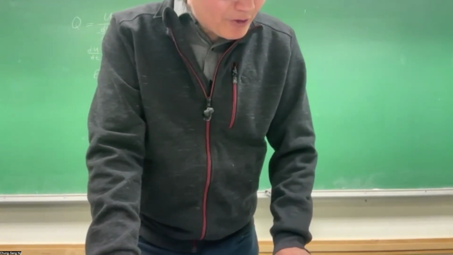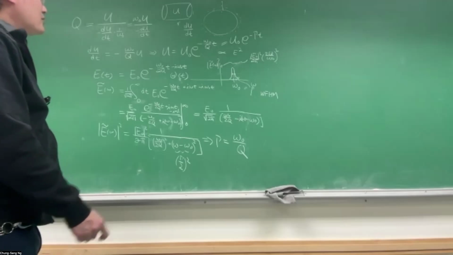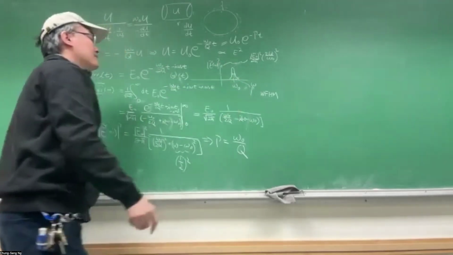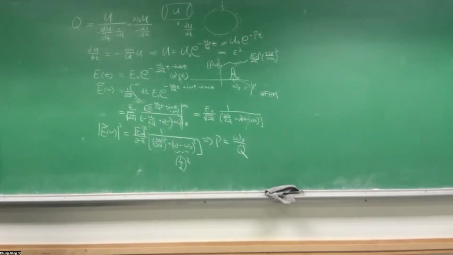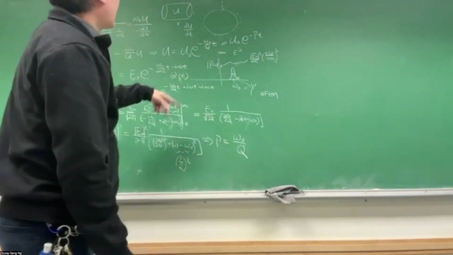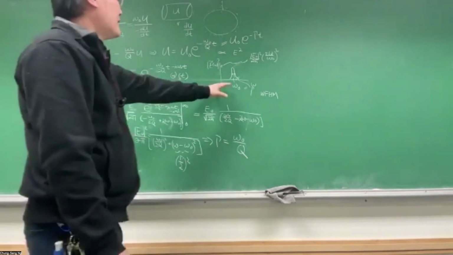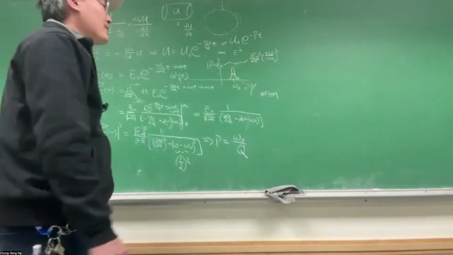So you can experimentally measure how good the resonator is by just measuring the width of the spectral line, and then you can get the Q. Calculating Q is more complicated, but measuring a spectral line experimentally is easier.